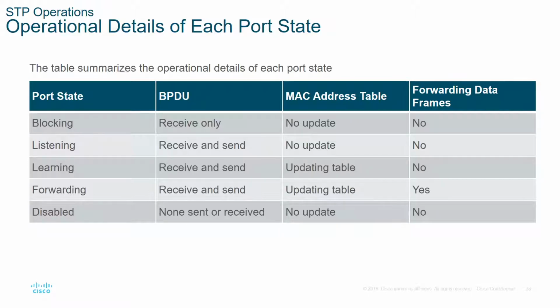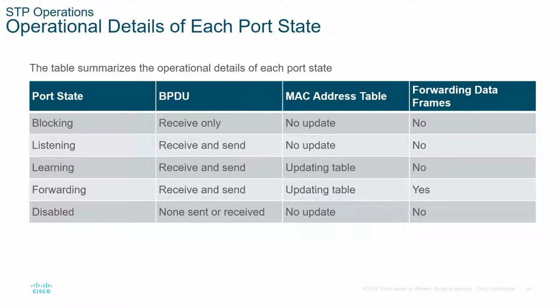We've got the blocking state, the listening state, the learning state, and the forwarding and disabled states. We can see how each state handles bridge protocol data units. When it's blocking, it can only receive bridge protocol data units. If it's listening, it can receive and send. Learning and forwarding, it can also receive and send. If it's disabled, then it can't send or receive bridge protocol data units.